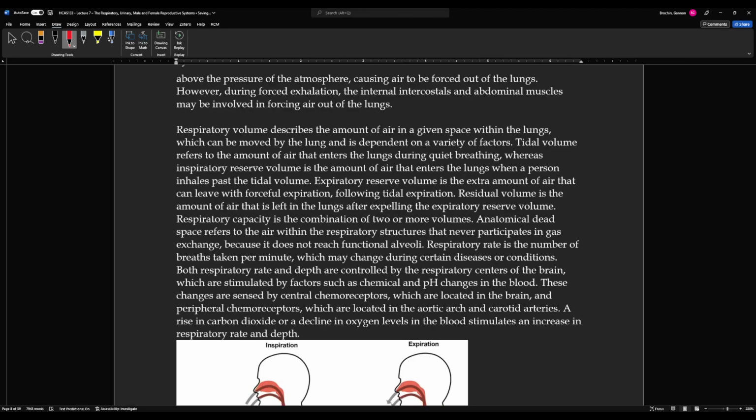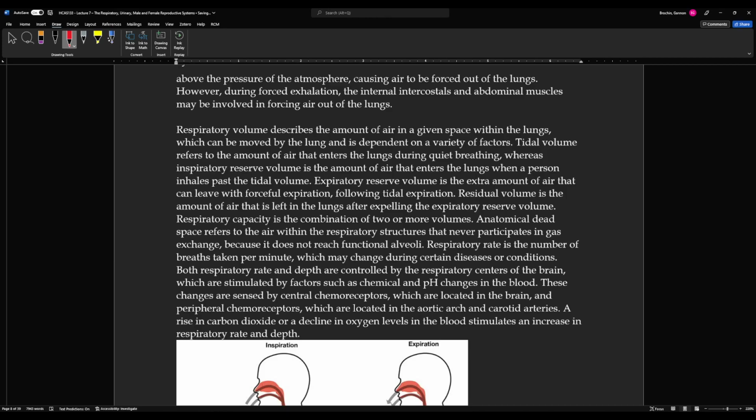Couple things to also talk about is spirometry. So some of the terms that you're going to see here are related to the testing that occurs when we do pulmonary function testing. Tidal volume is the amount of air during normal breathing. So when you're just sitting, watching TV, not focused on your breathing, that's the volume of air that goes in and out of your lungs normally.